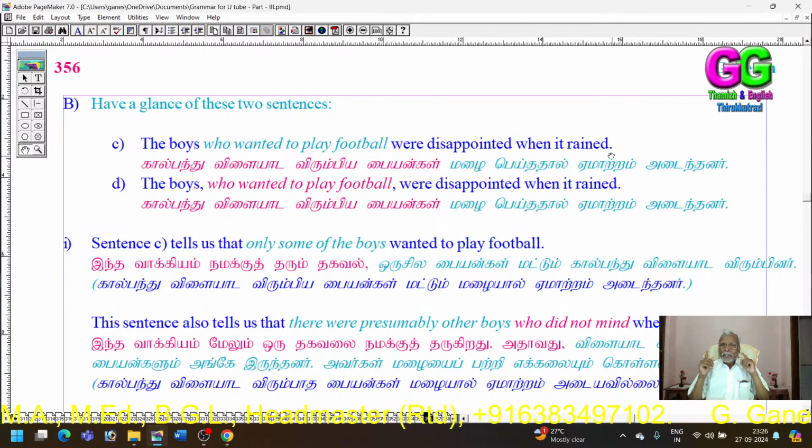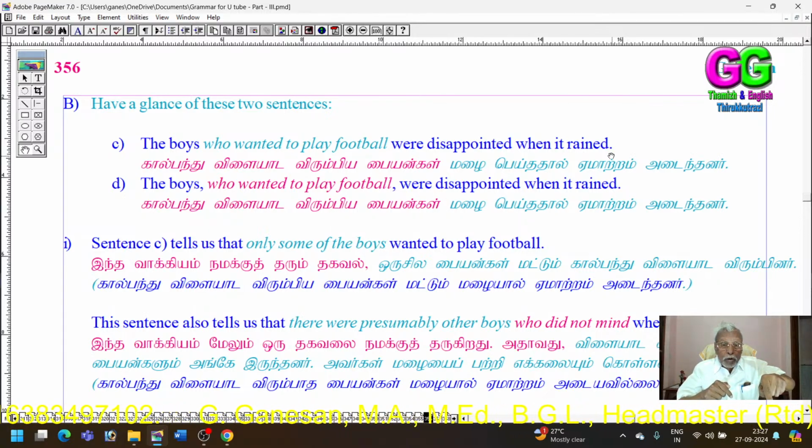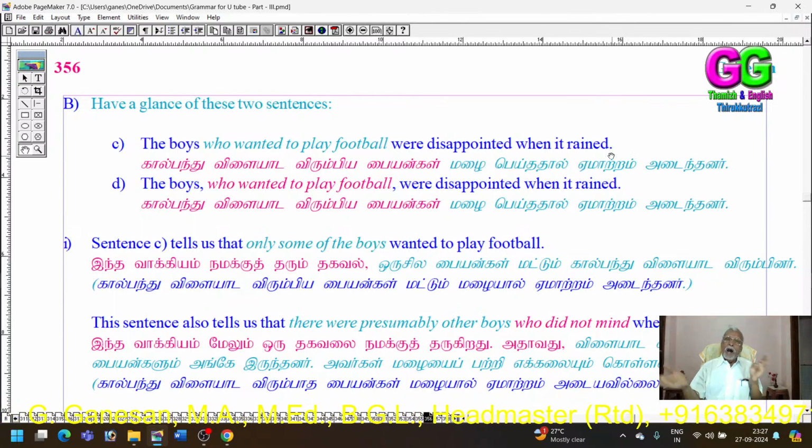So the sentence "the boys who wanted to play football were disappointed when it rained" means only the boys who wanted to play football got disappointed when it rained. Other boys who did not want to play did not get disappointed. So one sentence, two meanings, in the defining relative clause.